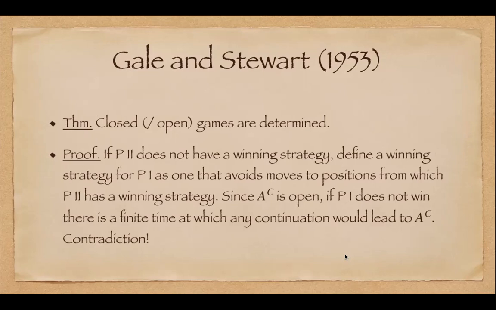So there is a certain position after which any extension is in the complement of A. And this is a contradiction because we've just reached a position in which player 2 has a winning strategy. So by avoiding entering positions in which player 2 has a winning strategy, player 1 can actually guarantee to win the game. Okay, that's the end of the proof.